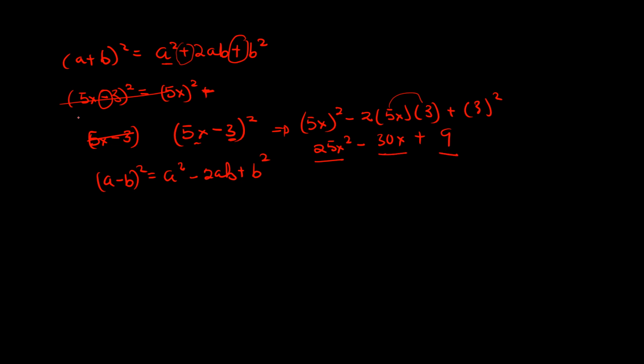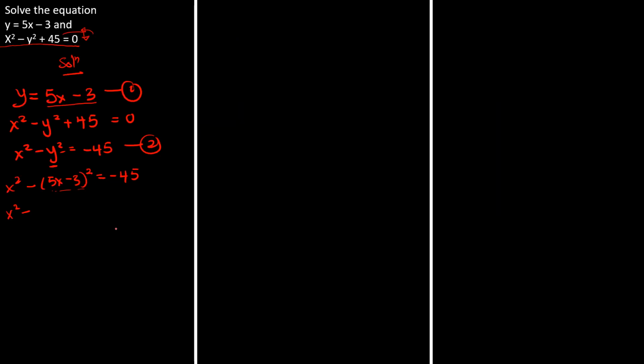And then come back to the question. Sometimes you need to show the workings, so I write it as a whole new bracket: x squared minus (25x squared minus 30x plus 9) is equal to negative 45.